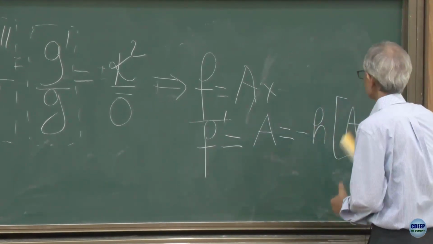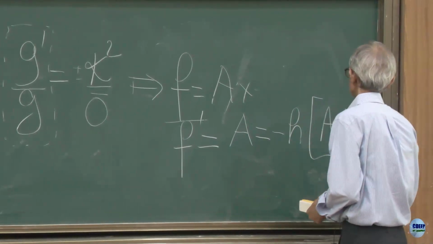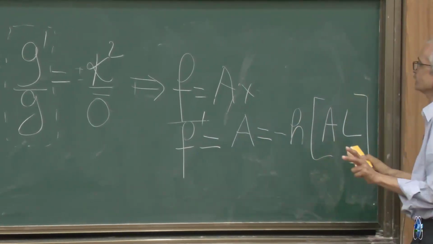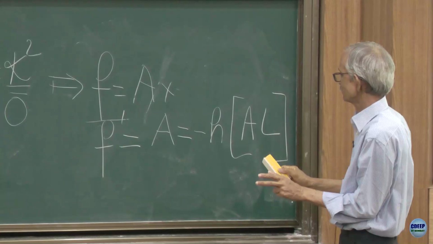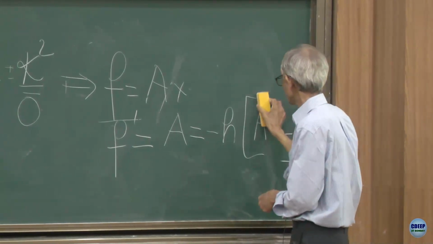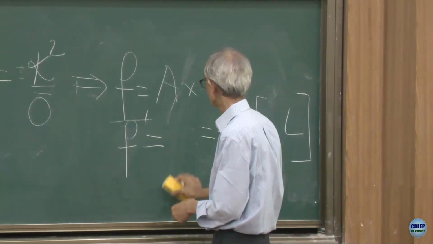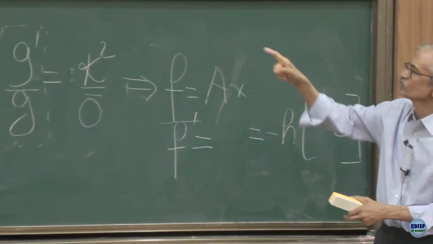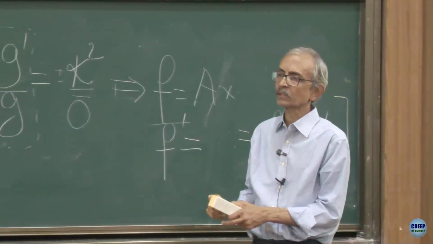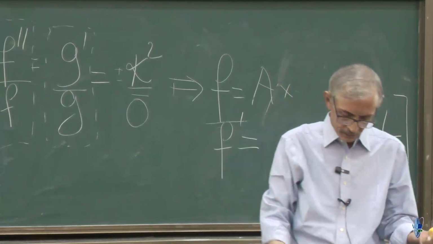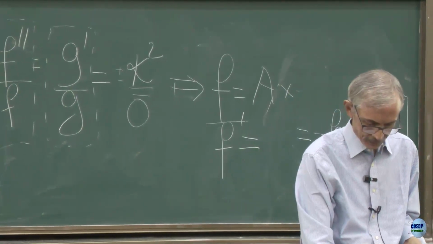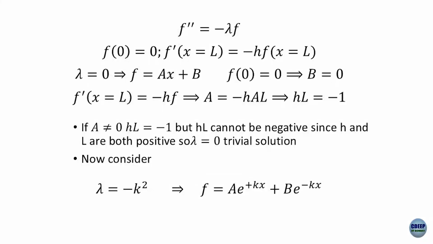Let's now get rid of this. If A is not equal to 0, then I can divide through and I'm going to get HL is equal to minus 1. But in the original problem statement, we have said that H is some kind of a positive number, L is some kind of a positive number, so HL cannot be equal to minus 1.